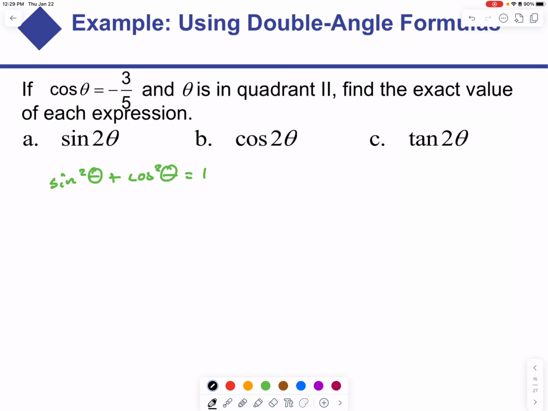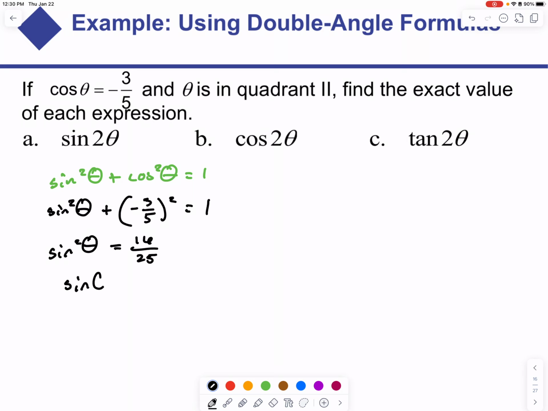So then from there, sine squared theta plus this -3/5 squared equals 1. So then sine squared theta, that's 9/25, 15, so 16/25. Okay, so we get that sine of theta.